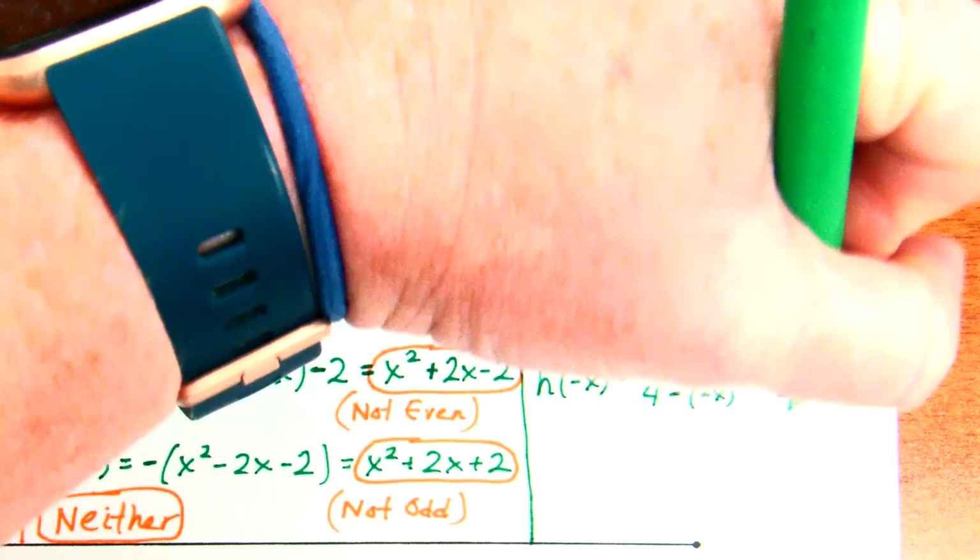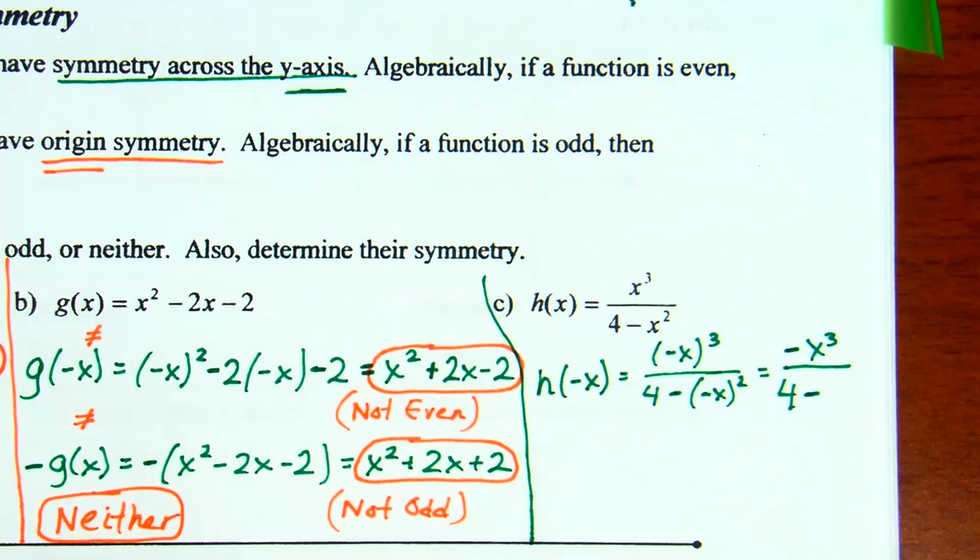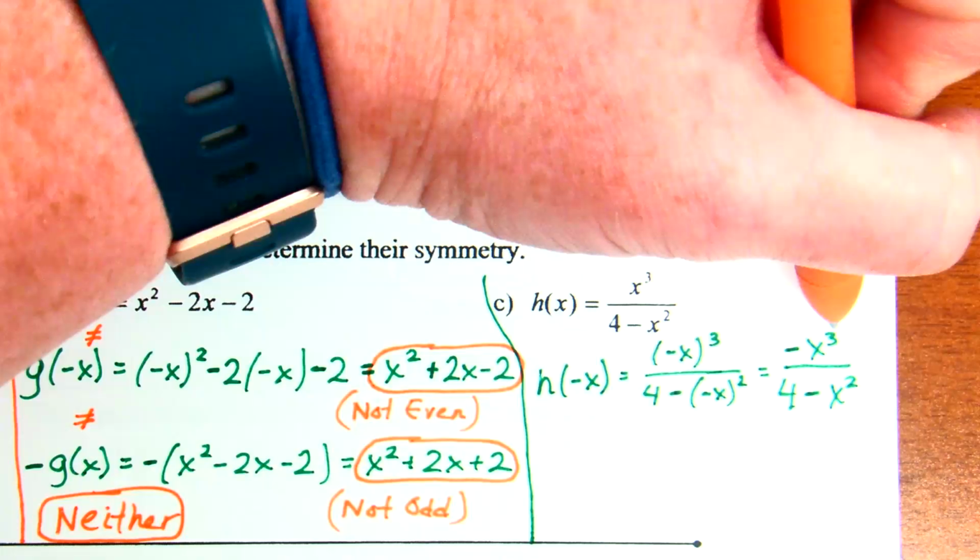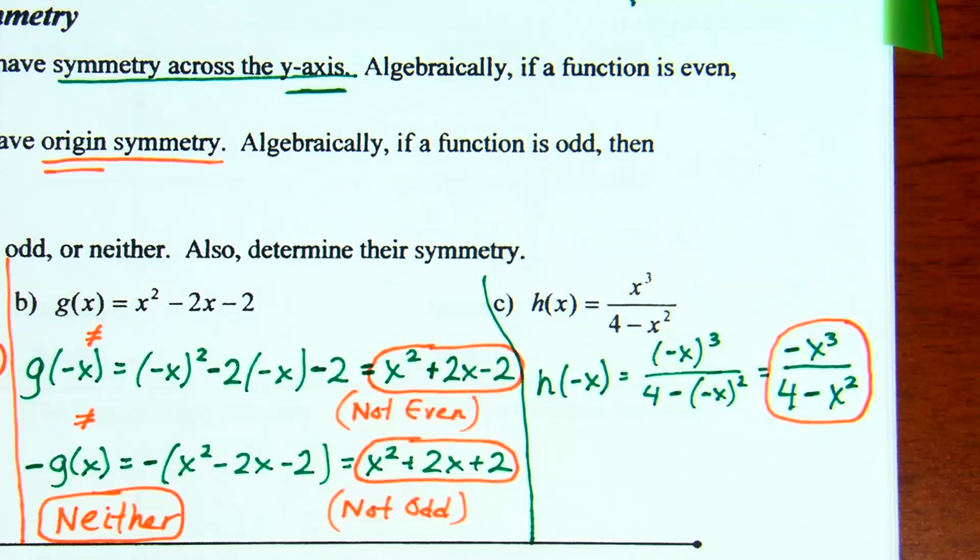Now note, it was already 4 minus that, so it's going to be 4 minus x squared. So right here, the negative of x cubed over 4 minus x squared, this is our h of negative x. What do you know about h of x and h of negative x? They are not the same. Since they're not the same, at this point we know that this equation is not even.